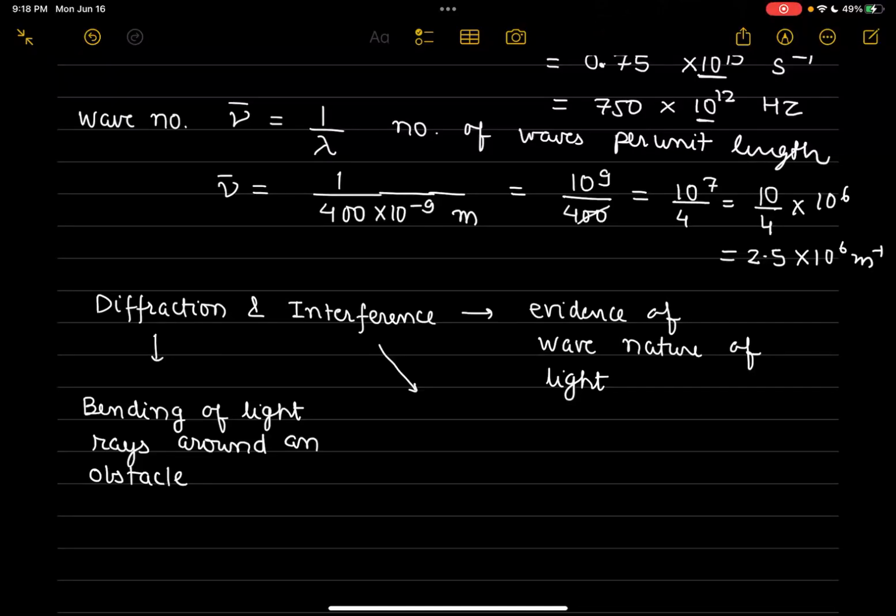Suppose I take a sheet and put two holes in that sheet, and light rays are coming. So you see that these are the waves of the light which are spreading.